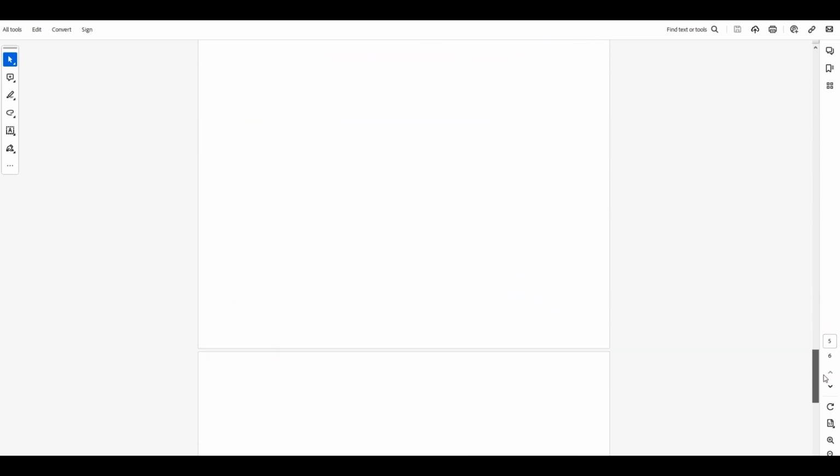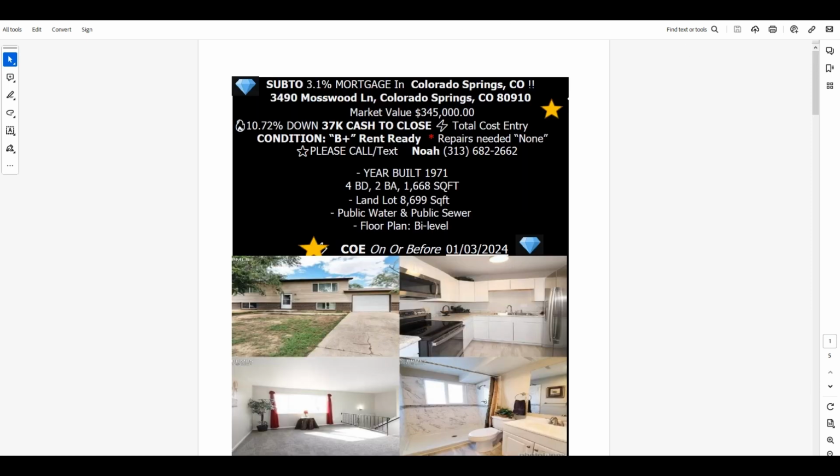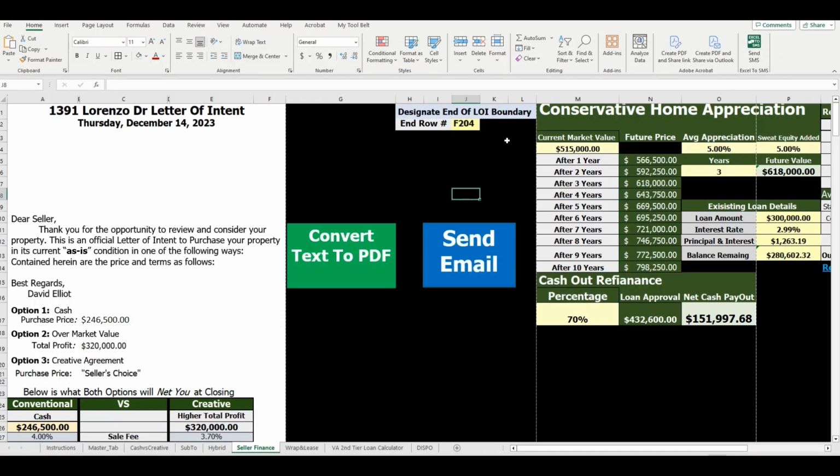I had added an additional page just for the sake of example. So make sure you are ending your LOI parameters at the appropriate mark where the last text, body paragraph, graph, whatever input is here. In this case, the end row is 204.